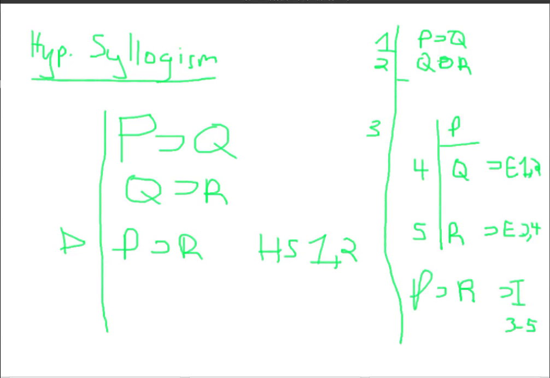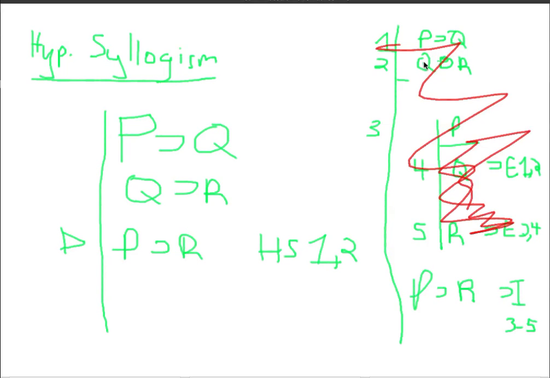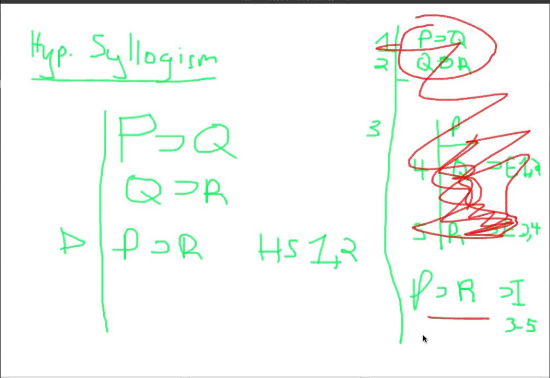But hypothetical syllogism just says, nope, we don't need to do this extra little step right here. Actually, you still need those ones up there. Sorry, I shouldn't have erased that. But it says, no, look, you don't need these. That's all right. You can just skip ahead right to this, since we've already proved that. So that's hypothetical syllogism here. You have these 2 somewhere along the line in your derivation, and then you can just go to if P then R, citing hypothetical syllogism.